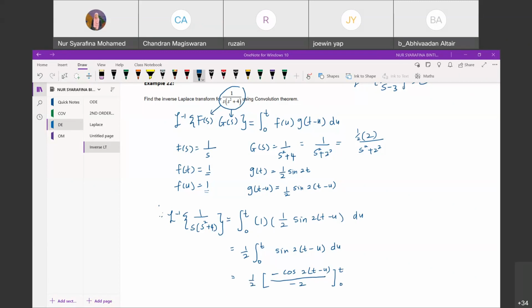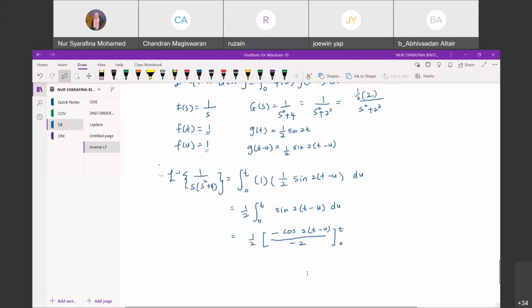This will give you cos 2t. Substituting u equals t gives cos of 2t minus t, minus cos 2t minus 0.